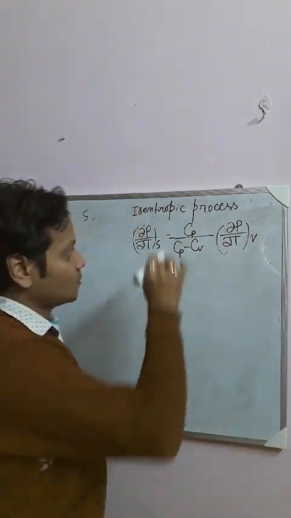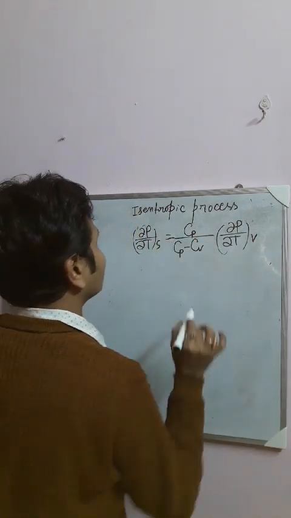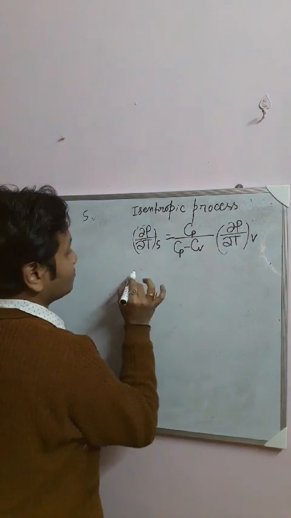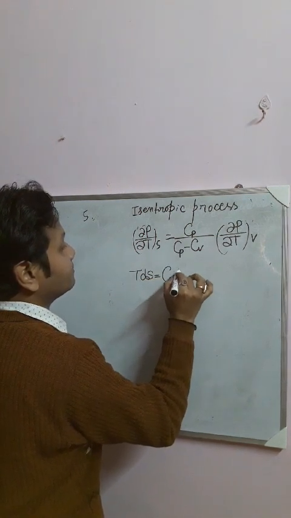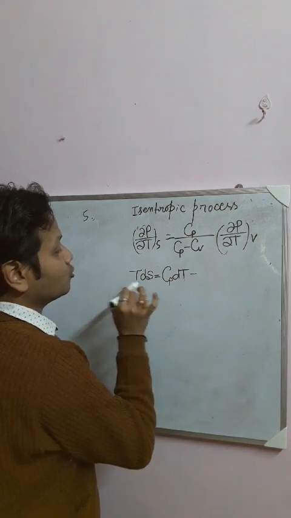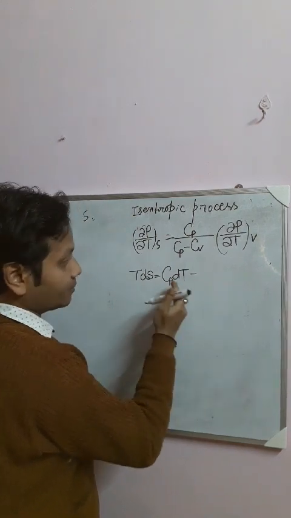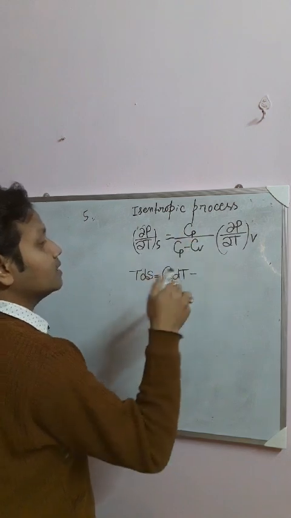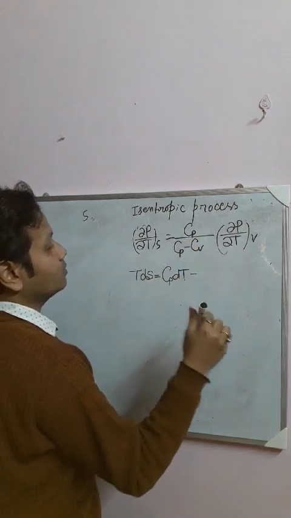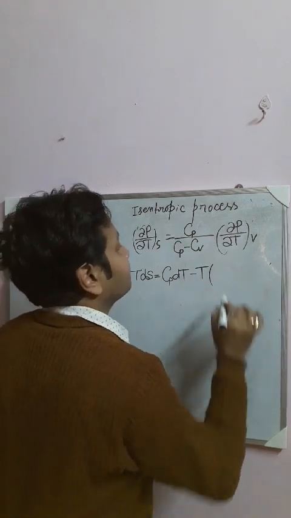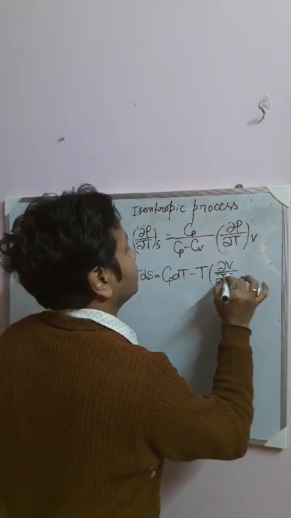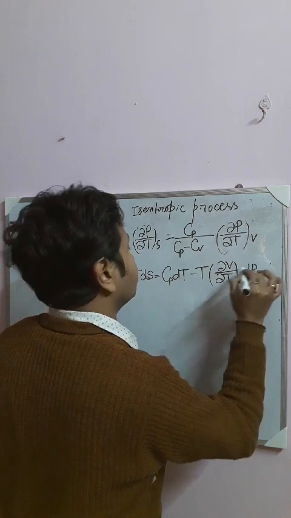This is also similar. Now since there is a plus sign, we have to use the second T dS equation, that is T dS equals Cp dT. There is a minus, so we rearrange in such a way that Cp will be positive: minus T del V del T at constant pressure into dP.